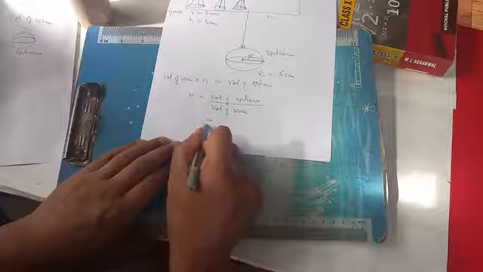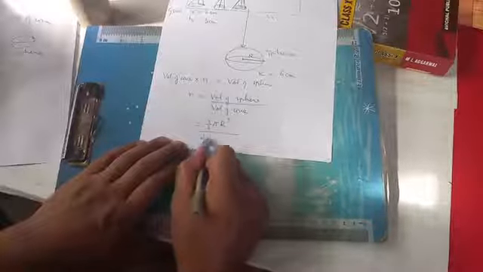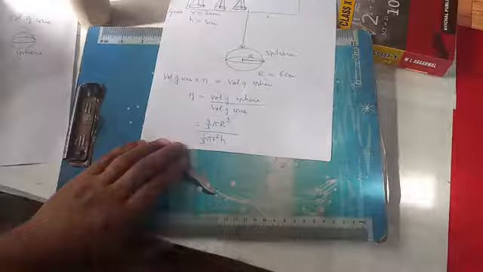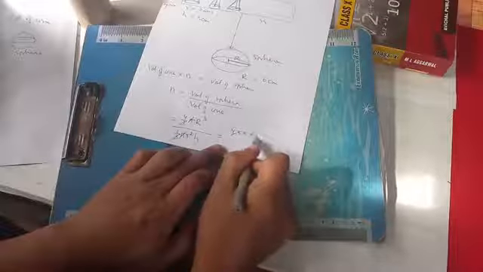So now put the formula. The volume of the sphere you have learned. It is 4 by 3 pi r cube. Volume of the cone is 1 by 3 pi r square h. Okay, so you substitute 4 by 3 pi, radius of the sphere, r cube. Volume of the cone is 1 by 3 pi r square h. This pi and pi cancel, 3 and 3 cancel, so you are left with 4. Radius of the sphere is 6 into 6 into 6 because there is r cube.